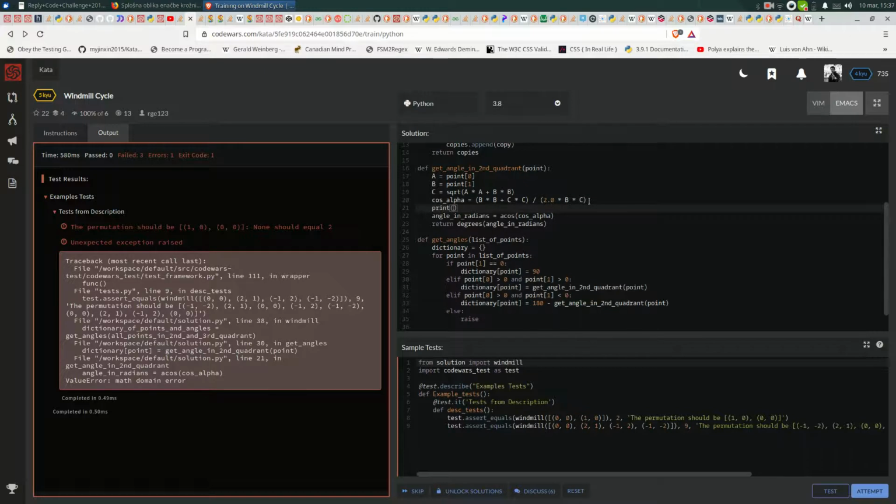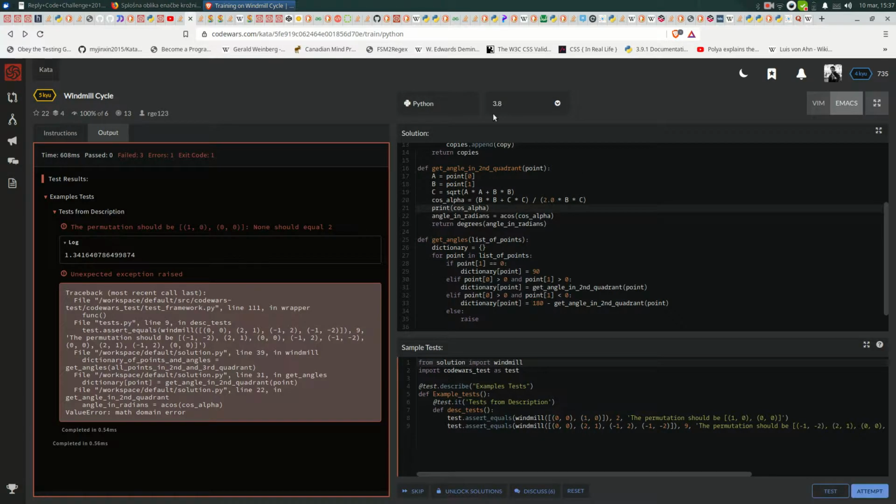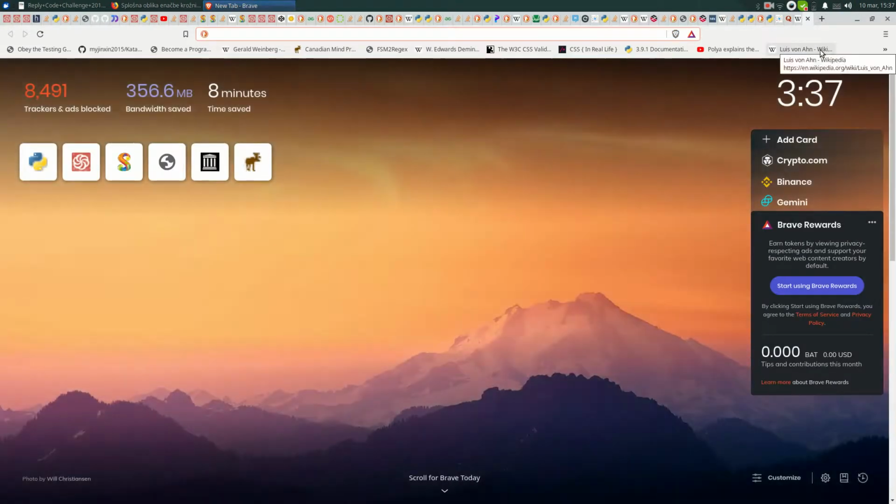Let's print out cos alpha. 1 point something, and I guess cos can't be more than 1?